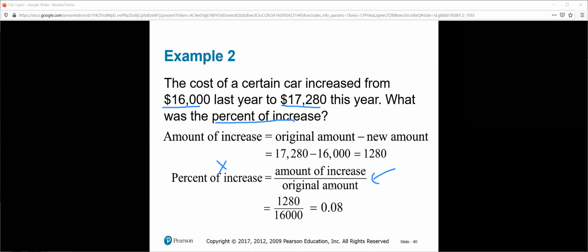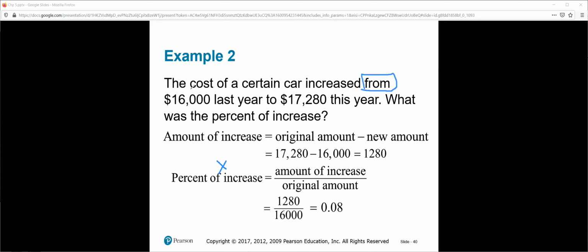And then my original amount, well, that comes from the sentence. We need to read the sentence to figure out which one is the original here. The cost of a certain car increased from that last year to something else. What was my original? Where did I start? I started at my from. From is the important word in this sentence.